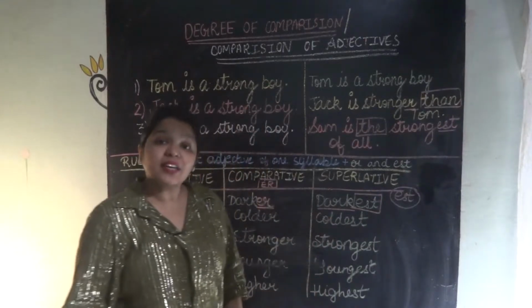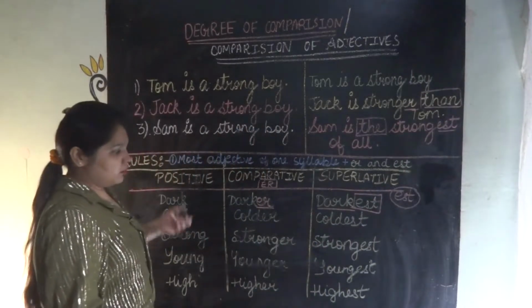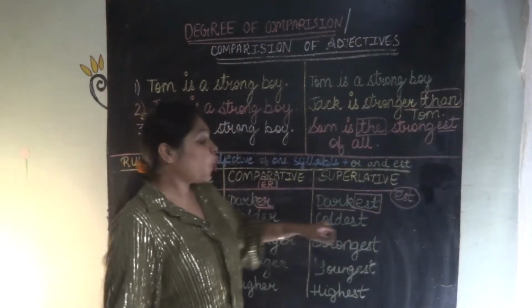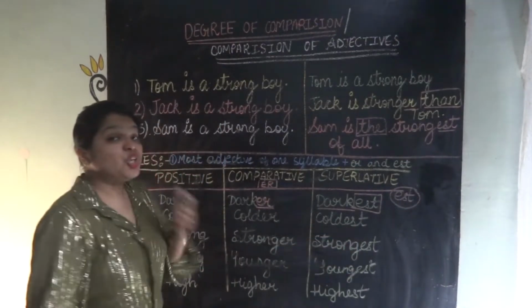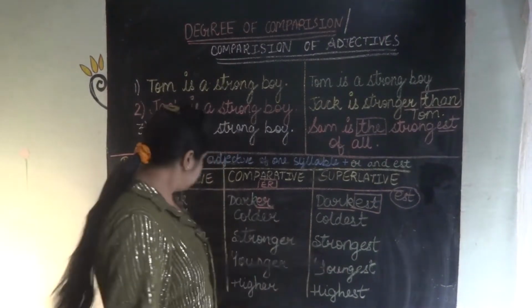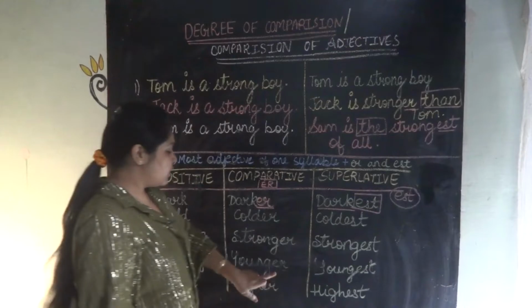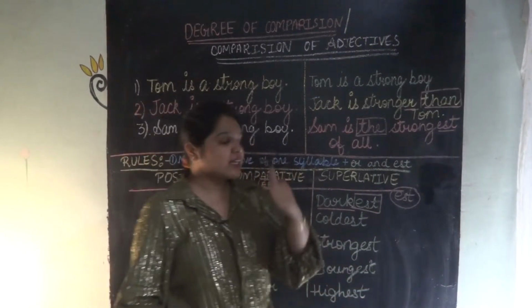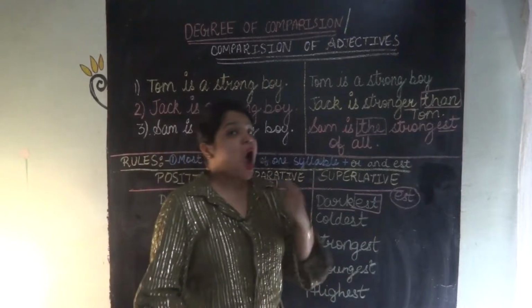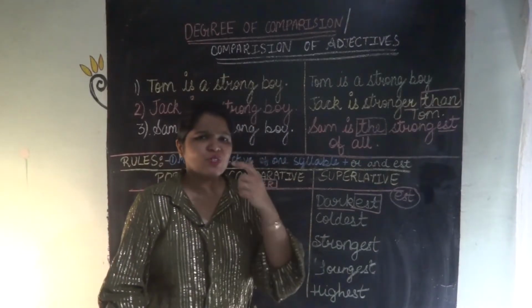So it became darkest. Cold, again ER, EST: colder, coldest. Strong, stronger, strongest. Young, younger, youngest. High, higher, highest.